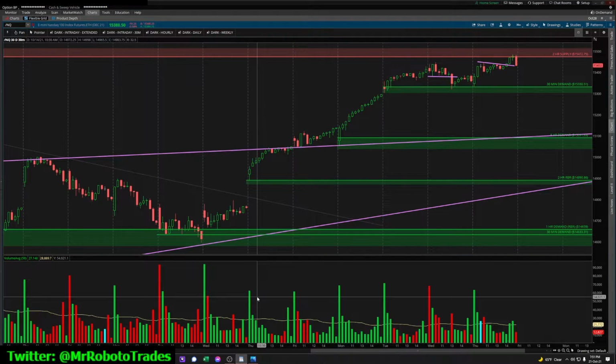You can't always rely on that, but I noticed that on Wednesday the first 30-minute candle printed with selling volume. That gave me a bearish thesis for QQQ yesterday.